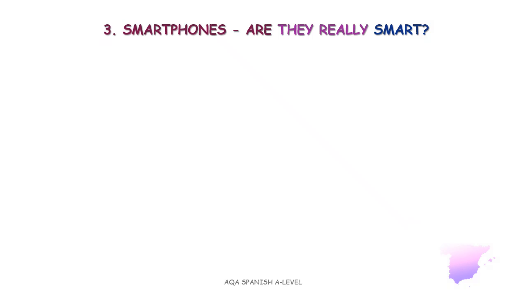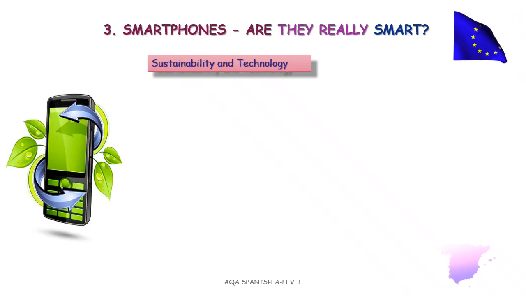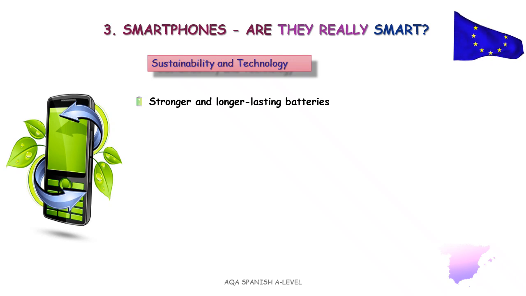Finally, let's look at sustainability and technology. From June 2025, all phones sold in Spain and across the EU must comply with new rules of sustainability, durability, and safety. Let's break it down quickly. Stronger and longer-lasting batteries.